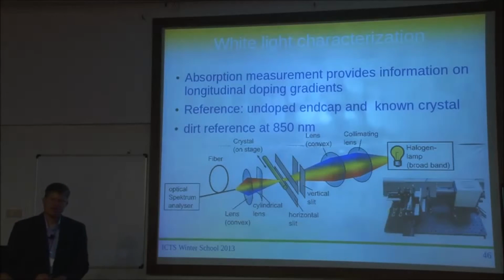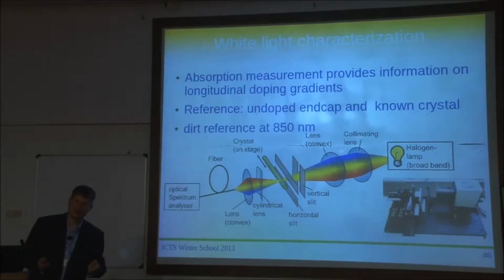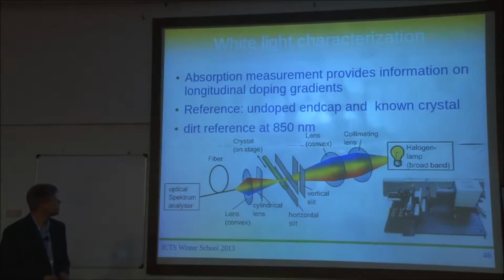However, you don't get any information on the longitudinal doping concentration, and that's why we came up with another device. And that works in a way that you have some sort of white light source on one end, then you image that white light source to a crystal, and then you just look at the absorption at a certain wavelength.